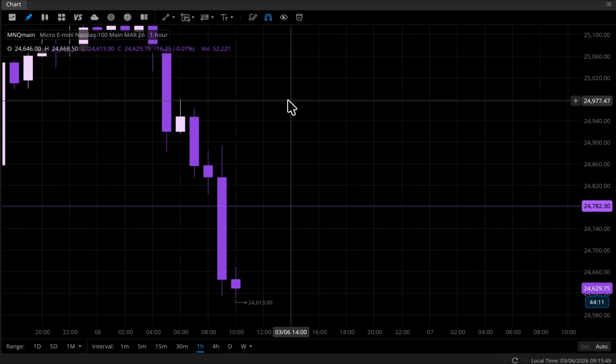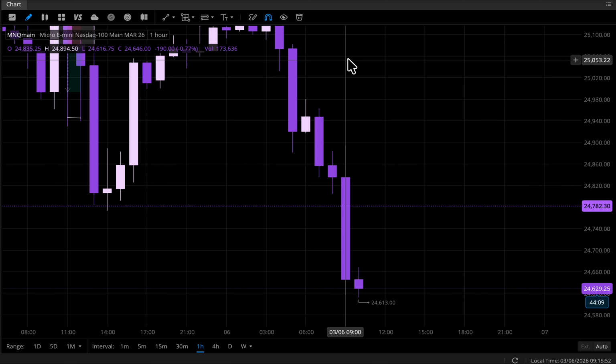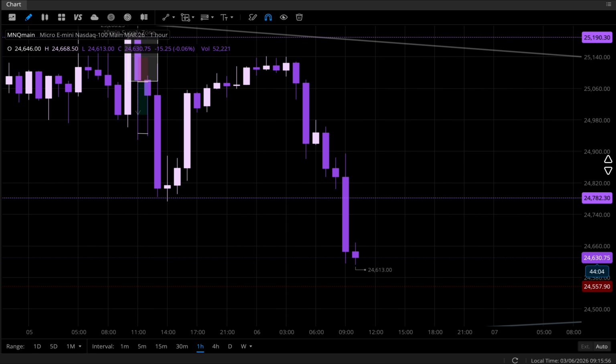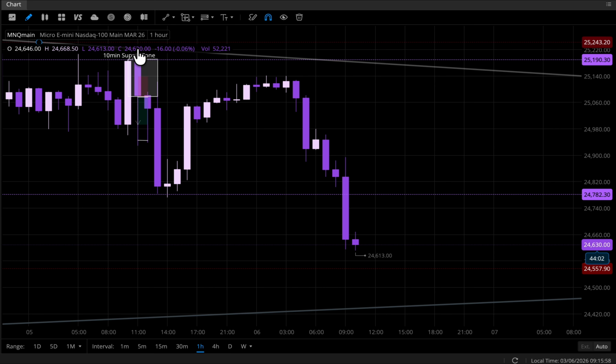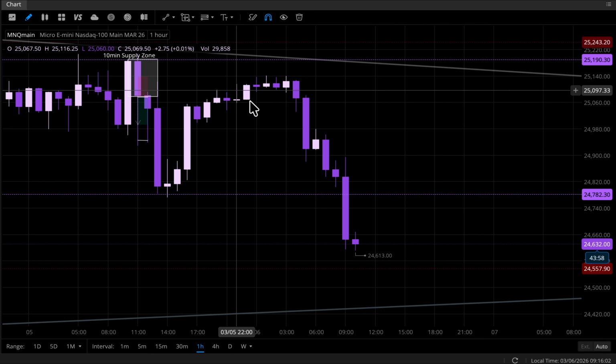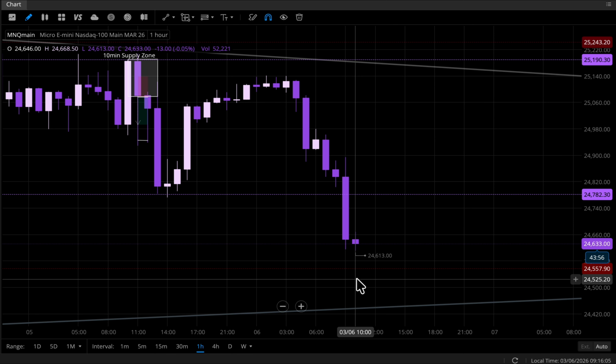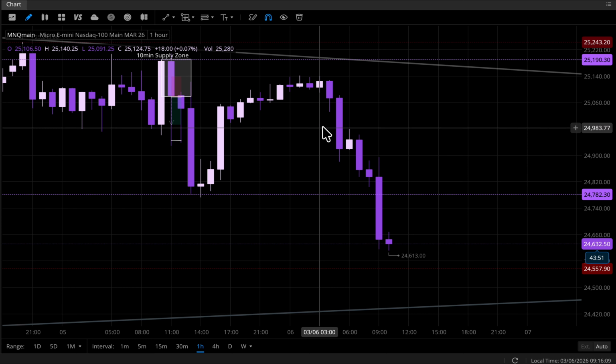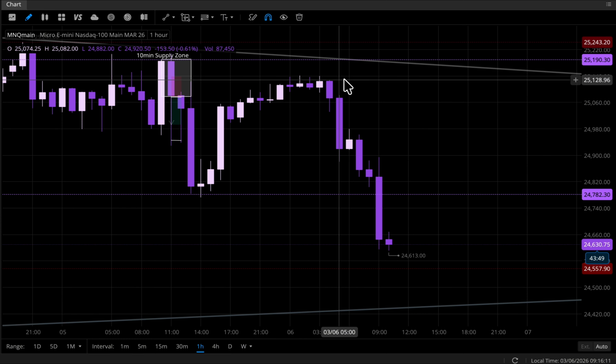All right, so the 1 hour, what do we have? So again, price hit the trend line, came down to this resistance, retested, and came back down. Looks like they found some support right here.